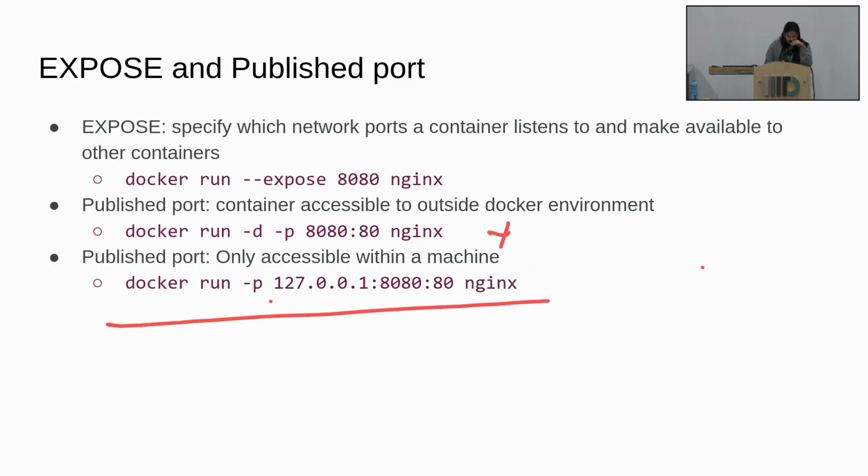The only thing I want to emphasize is, in case you want to publish a port which just needs to be open inside your physical machine and not to external folks, all you have to do is specify the localhost IP, that is 127.0.0.1, which specifies that only processes running inside your machine can access this port and the application running inside your container. That's the only difference from what you did yesterday, if you want local access itself.